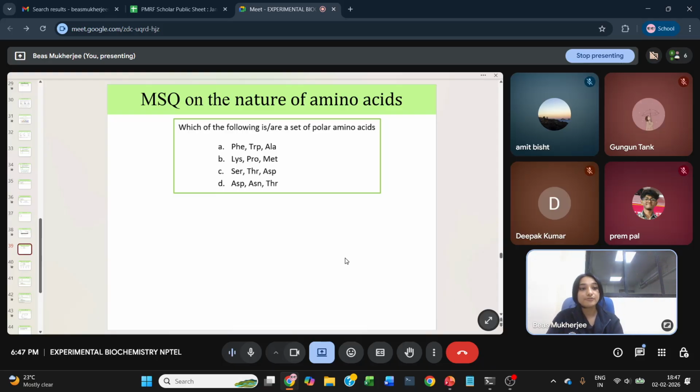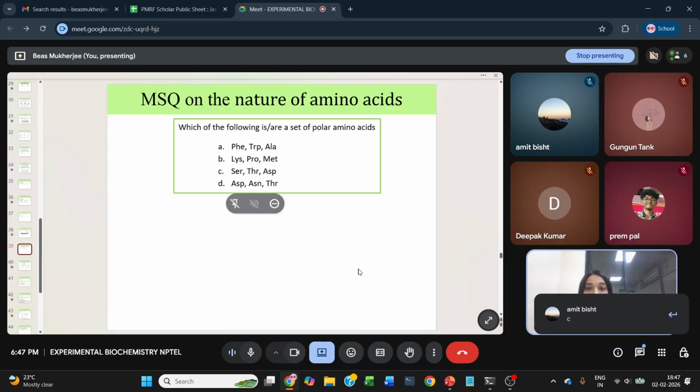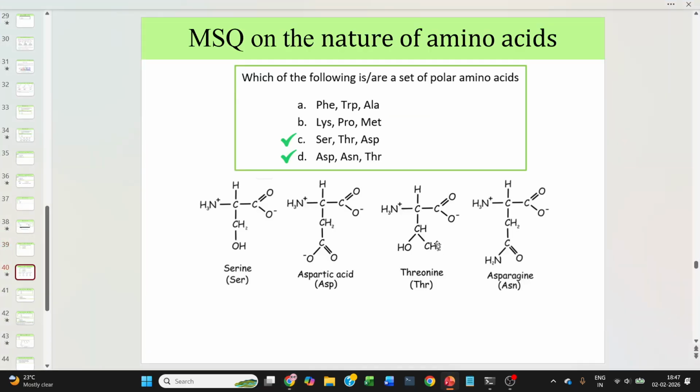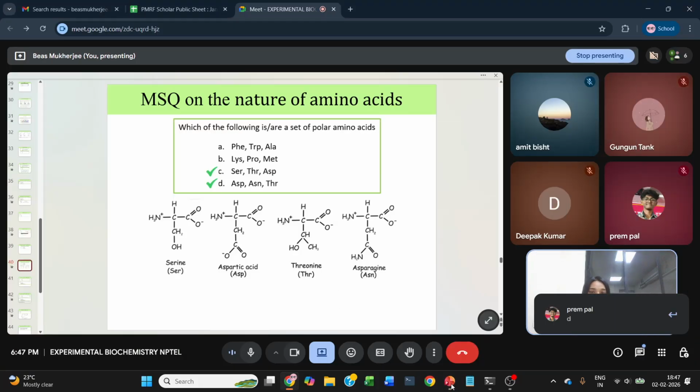If there are very few polar amino acids on the outer side of the protein, then the protein will form hydrophobic interactions. Okay, you're saying it is C. You guys are saying it is C or D, and both of you are correct. Both are right answers. So that is an MSQ, a multiple select question.